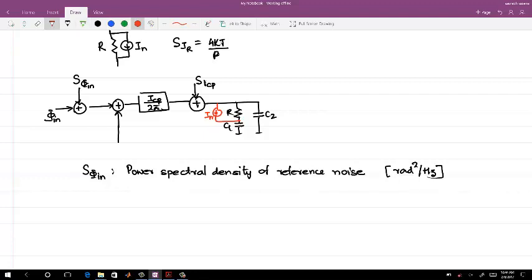If I want to see it in terms of voltage, then the voltage would be VNR, C1. Then you have the VCO, which is KVCO over s as the transfer function, and then the noise is added at the VCO, which is S phi VCO. Again, this is the phase noise, and in the end you have a divider.